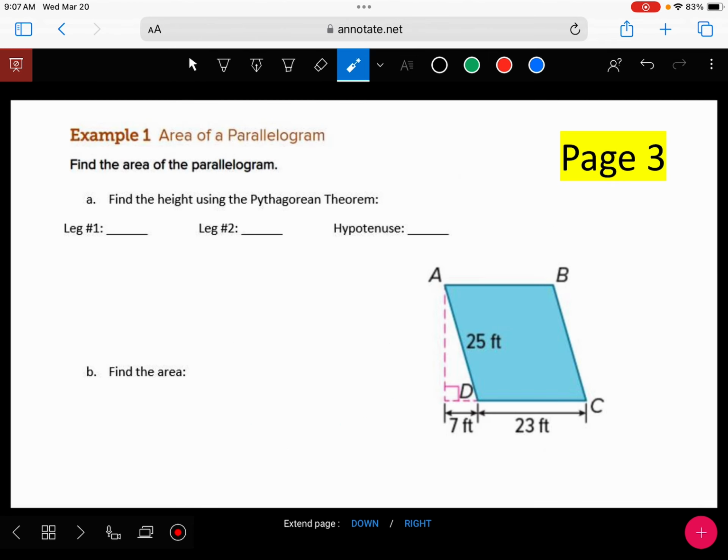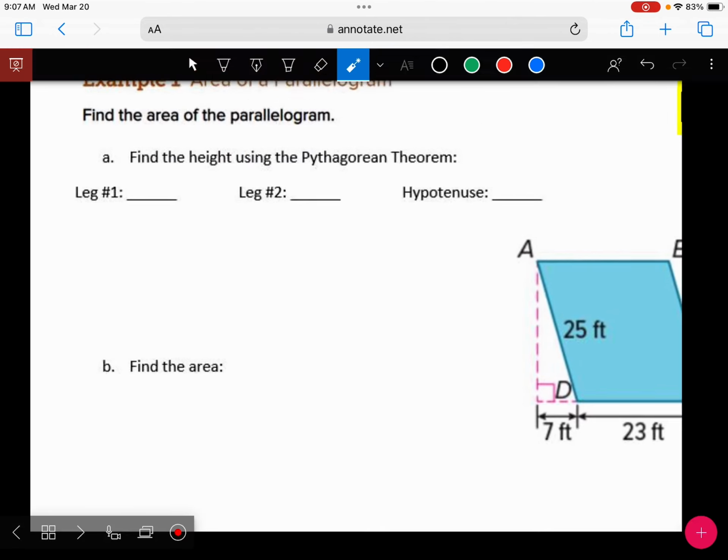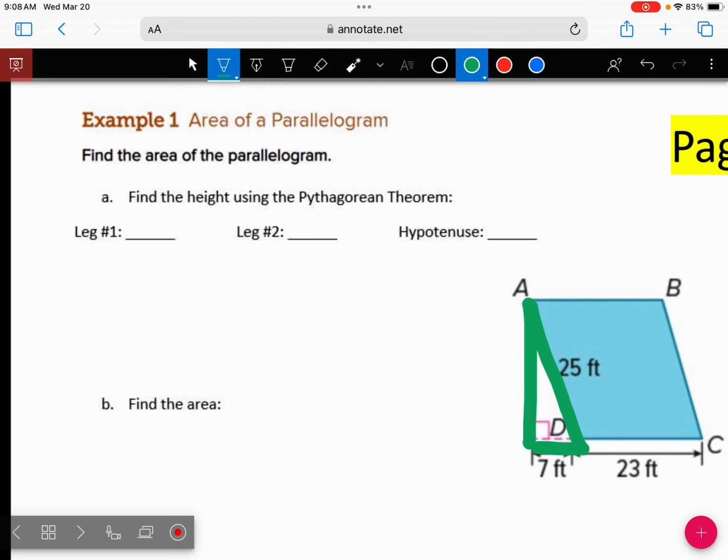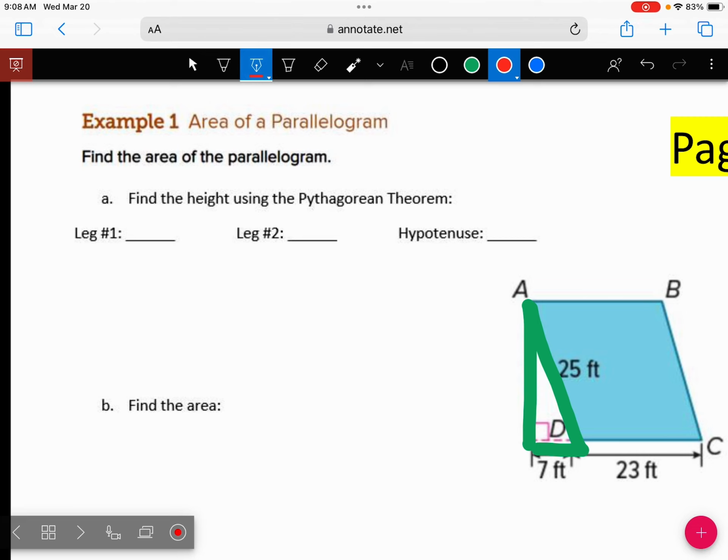So let's go ahead and look at example 1. First we have to find the height, and the height that we're trying to find is of this triangle right here. I don't know if you have a highlighter or something, but this is the triangle that we're using right now. So I'm going to redraw that triangle off to the side.